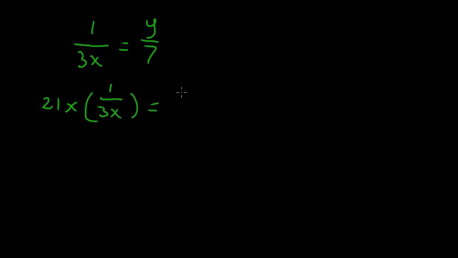So let's say we had the equation 1 over 3x equals y over 7. We want to clear both of these fractions, so we want to multiply through both of them. We know our lowest common multiple of 3x and 7 is 21x, so we can multiply both sides by 21x. We have 21x times 1 over 3x equals 21x times y over 7.